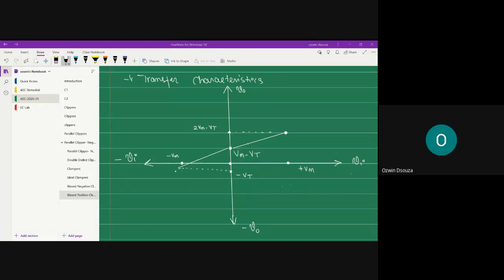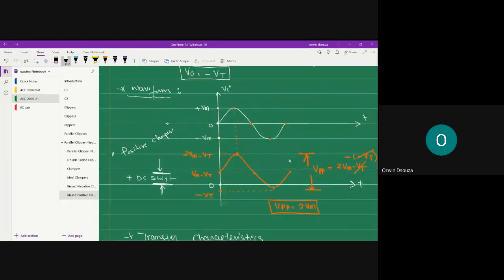One question on today's topic. You have to just type in the answers. Consider an ideal diode for the same circuit. You just assume that an ideal diode is present.